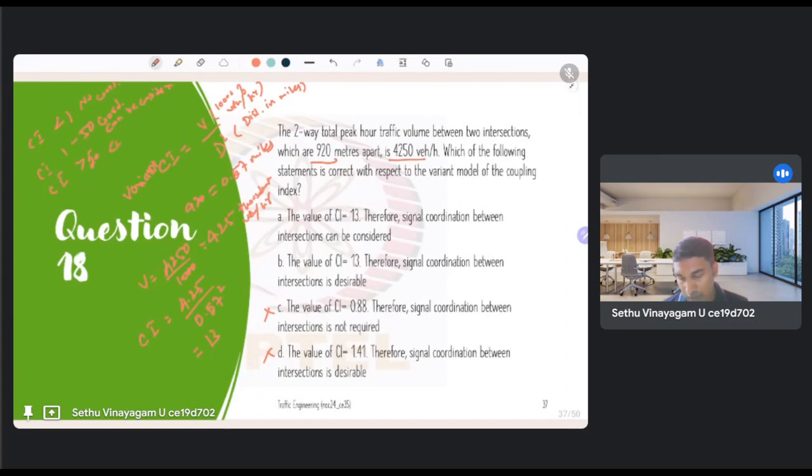When it is greater than 50, then coordination is desirable. And this is according to the variant of the CI model. So here, since the value of CI is 13, it falls in the 1 to 50 range. So coordination can be considered. Okay. So therefore, option A is the right one for this.